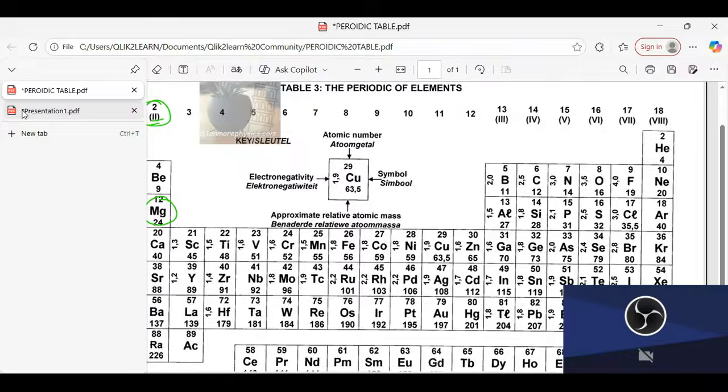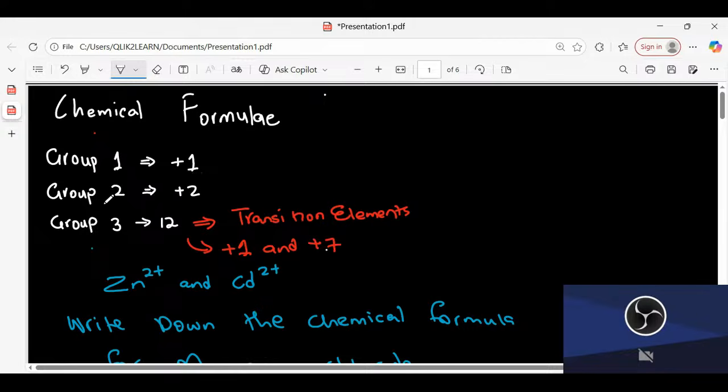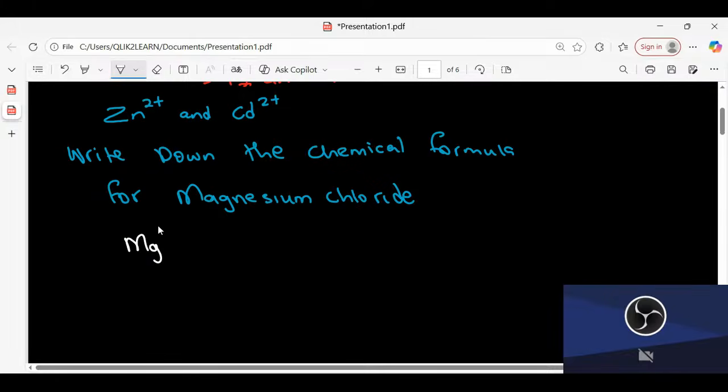And remember, we said elements in group 2 are charged 2 plus. So I'm going to put the 2 plus on top. Is everybody with me on that? You guys understand what I did there? So now the Mg is 2 plus.